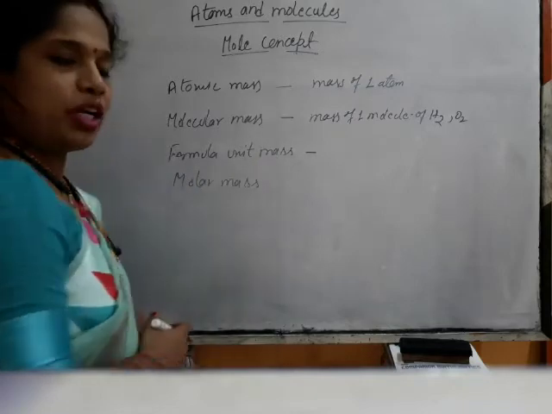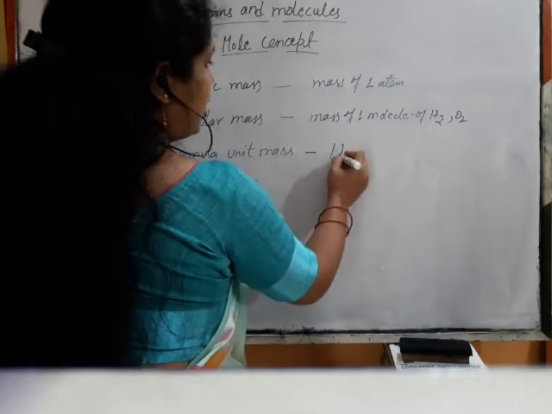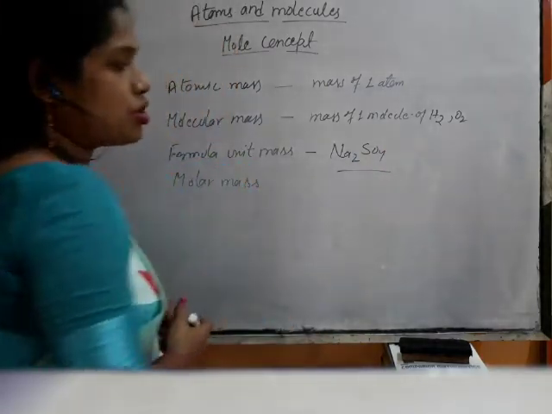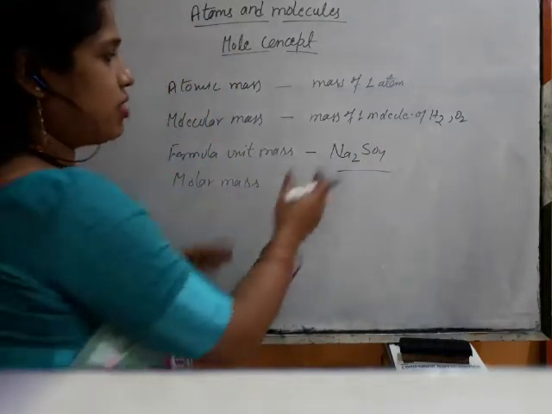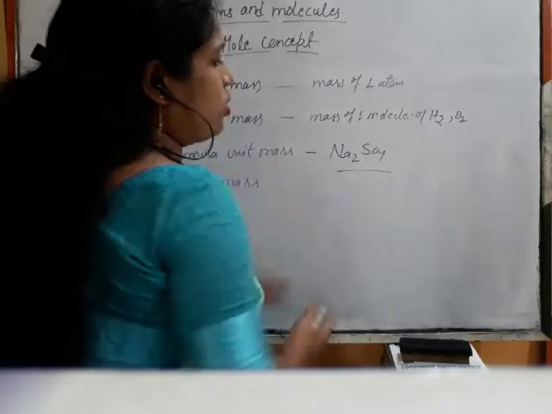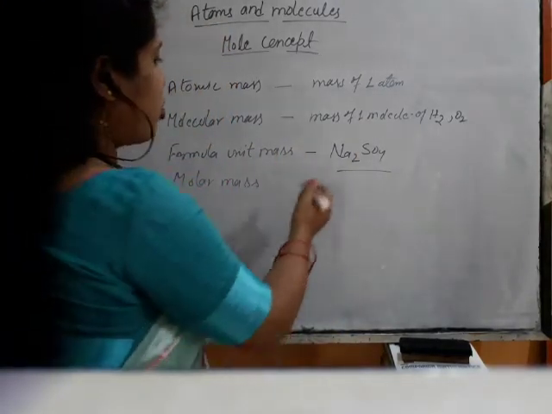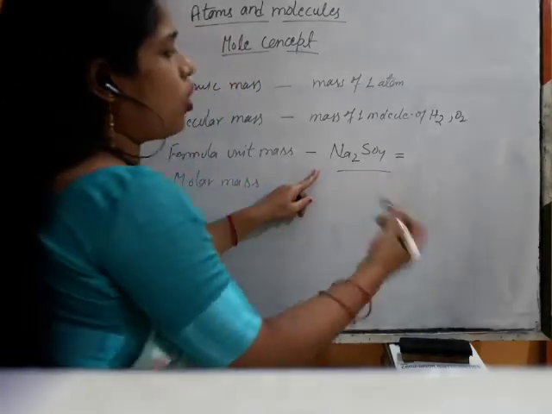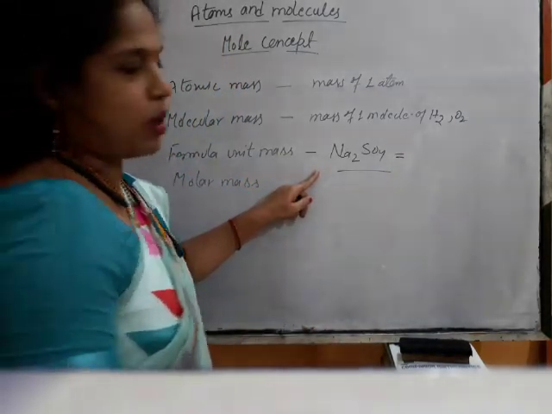Now the formula unit mass. Suppose you have Na2SO4, sodium sulfate. This is one compound, that is sodium sulfate. So the formula unit mass is what? The sum of the masses of all the atoms present in the compound.